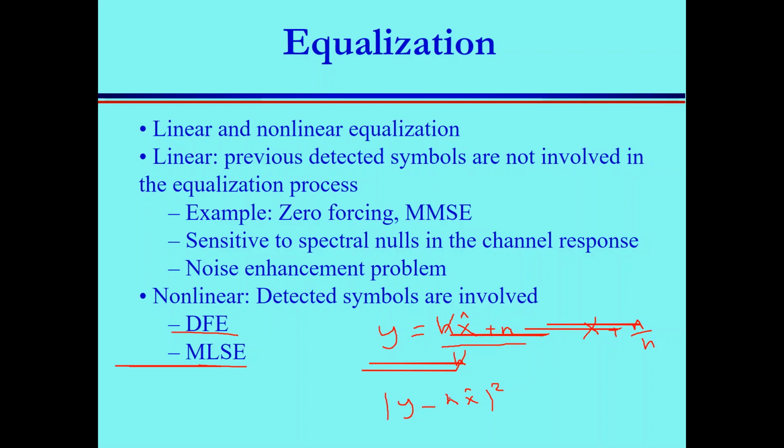What's x actually? X is the modulated symbol. So if you have 16 QAM, how many different x's do you have? 16 different x's, because 16 QAM means 16 different symbols. If you have 128 QAM, how many different x's? 128.